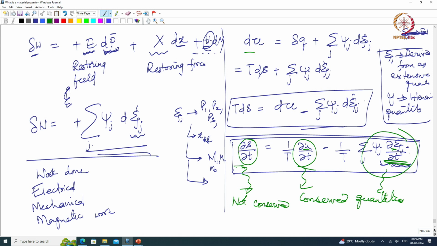So the entropy is changing with time, of course. Entropy is being exchanged between system and surroundings, but there is new entropy that is being generated. Okay. So, there is an S dot term. We are interested in what that S dot is, because that tells me what dissipation is, but that is also related to dou u by dou t and dou E by dou t.